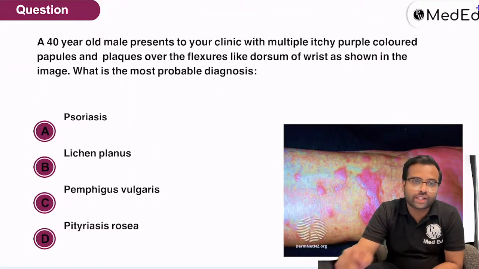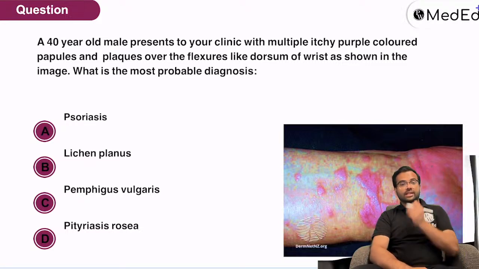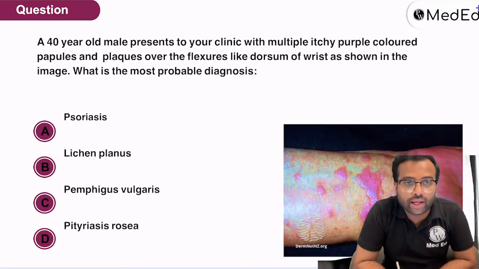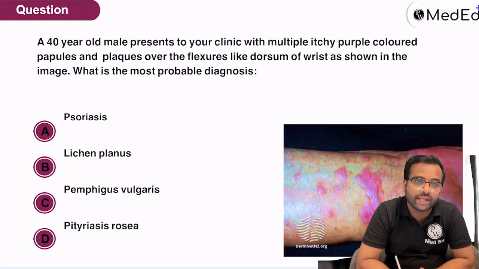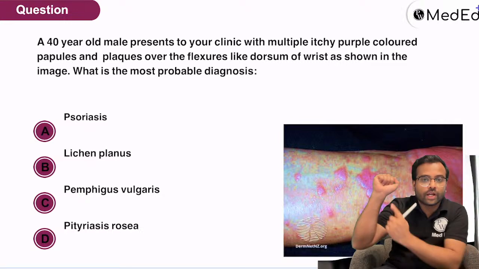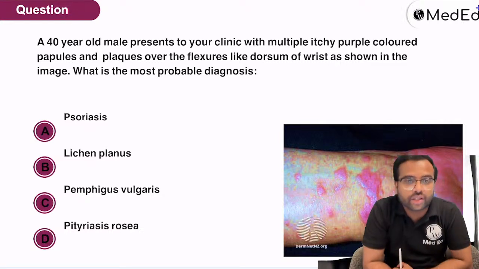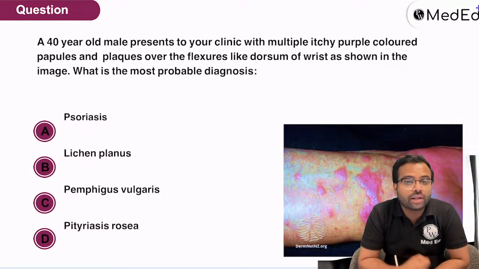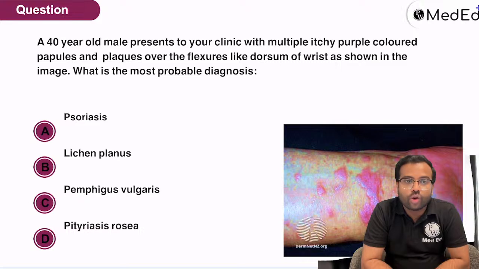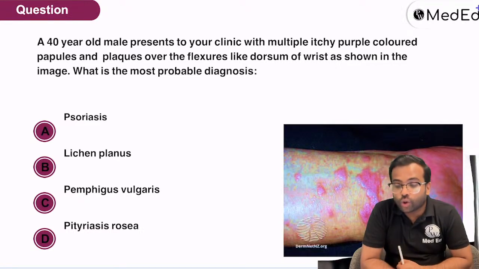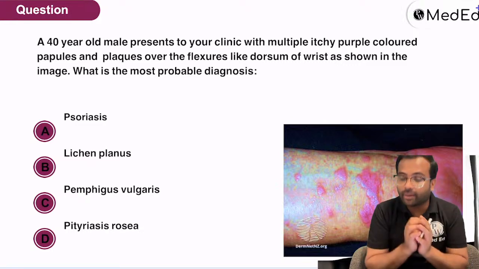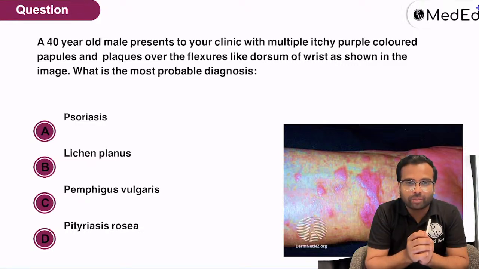So now let's go to the next question. There is a 40-year-old male who presents to a clinic with multiple itchy purple colored papules and plaques over the flexures. So the flexural aspect of the wrist shows purple colored papules and plaques. What is the most probable diagnosis? The 6 P's of lichen planus, right?